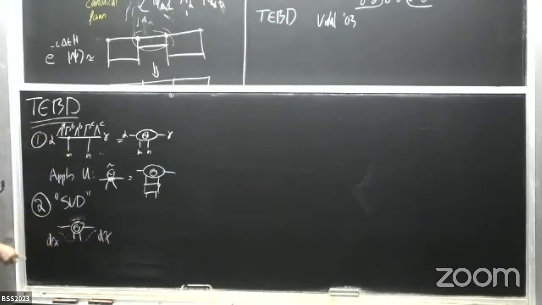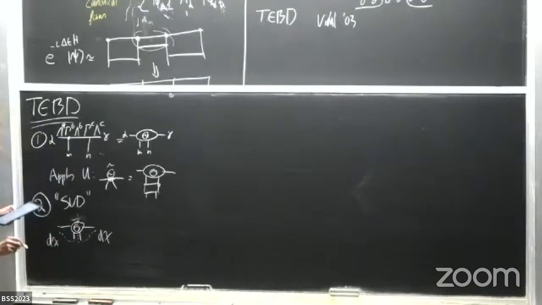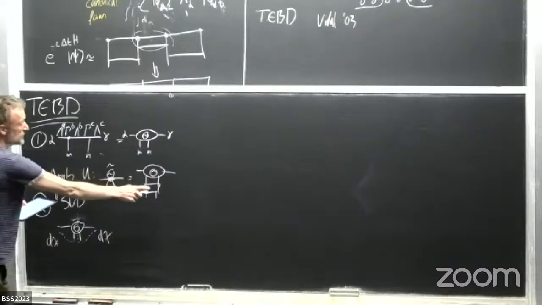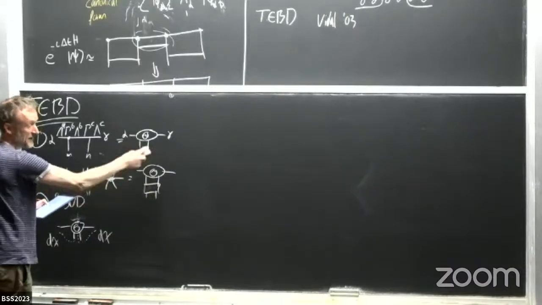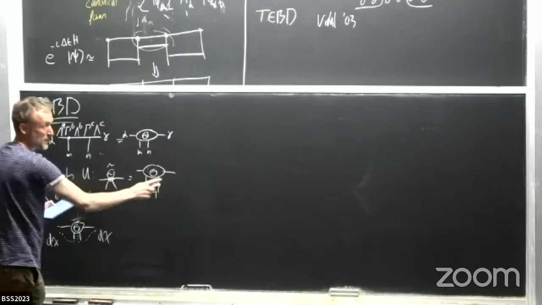As before, when we motivated this canonical form, I can now do a singular value decomposition of this matrix, which corresponds to a Schmidt decomposition of my state at this new bond. This is an interesting thing to do, because this unitary changed the entanglement structure across this bond. Since it's a unitary, it didn't change anything elsewhere.